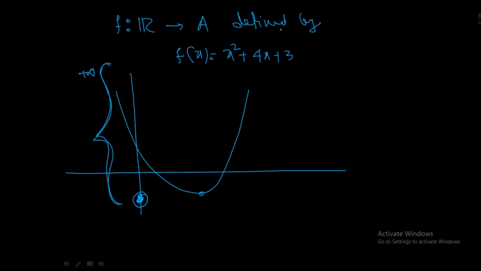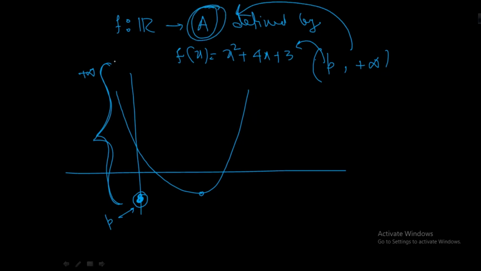So if it is asked to find the value of A, then you can say it will go to infinity starting from this particular point, say P. So if you can get the value of P, then you can definitely find the value of capital A, that means the range. Yes or no?